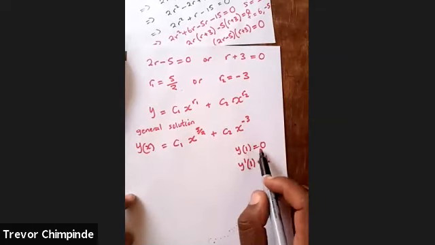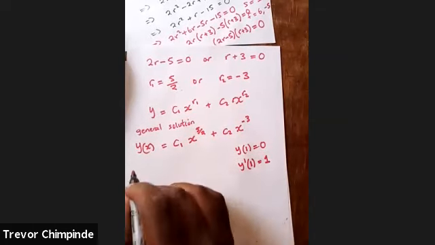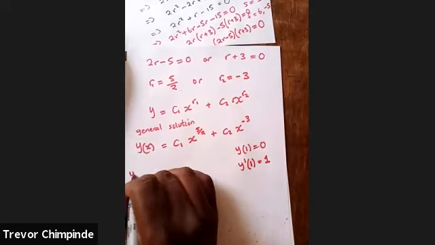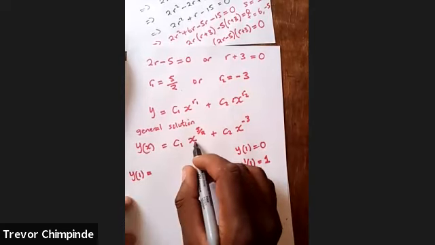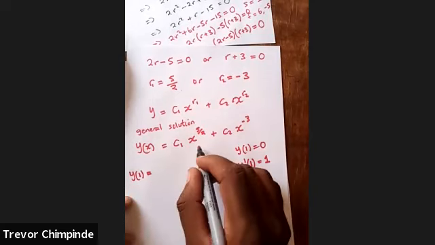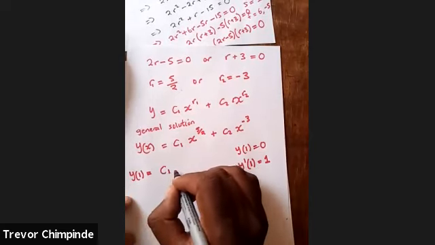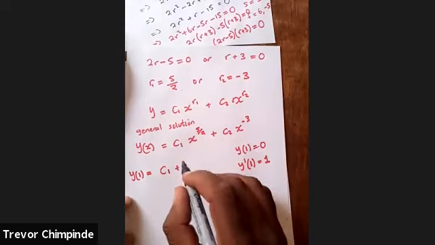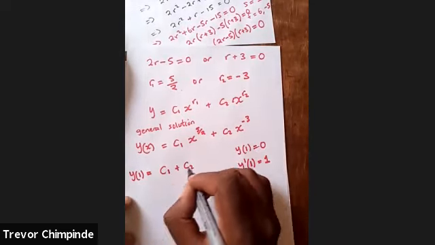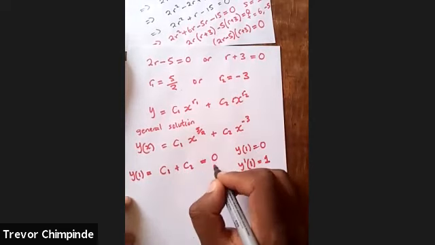If y of 1 is 0, where there's x, I put 1, and I still get back the ones, so it will be c1 plus c2. So c1 plus c2 is equal to 0.